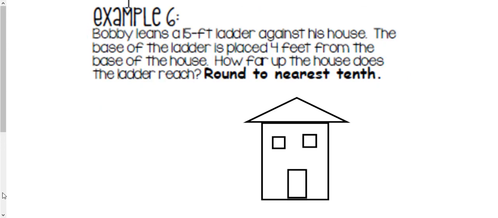All right, in our final example, Bobby leans a 15-foot ladder against his house. The base of the ladder is placed 4 feet from the base of the house. How far up the house does the ladder reach? Round to the nearest tenth. So we have a ladder, and a ladder is leaning, so it's going to be our hypotenuse, right?